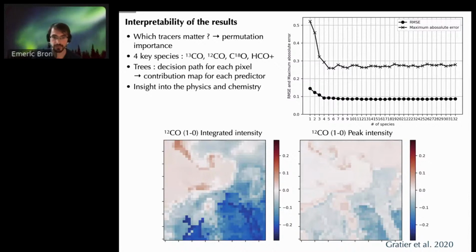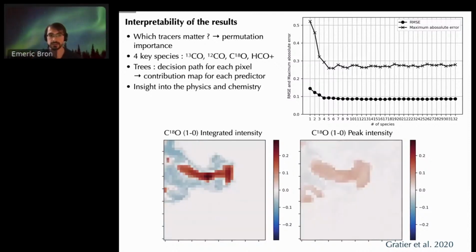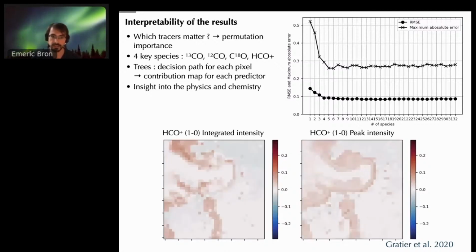When you look at 12CO, in contrast, it contributes mostly in the surroundings, at the edge of the cloud, which is expected as 12CO quickly becomes optically thick as you go to higher column densities. So it will bring information mainly on the surface of the cloud. C18O will contribute mainly in the dense regions, and HCO+ we find contributes in a broader halo or envelope around the cloud.